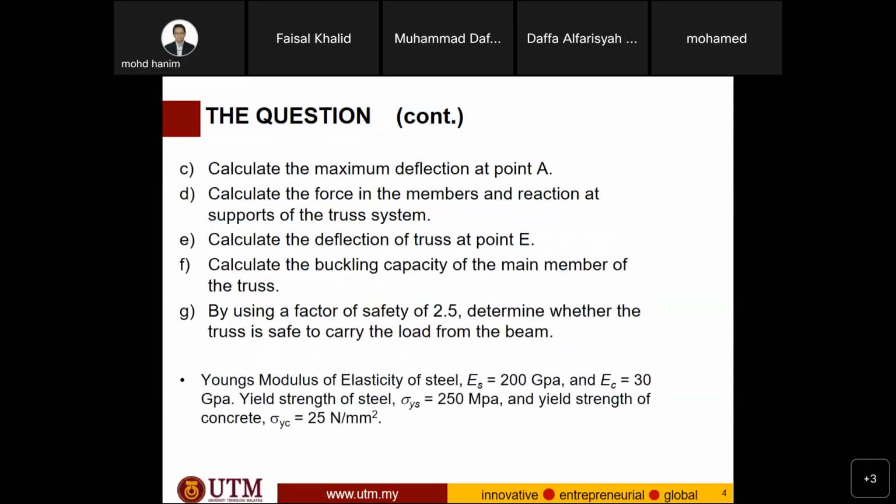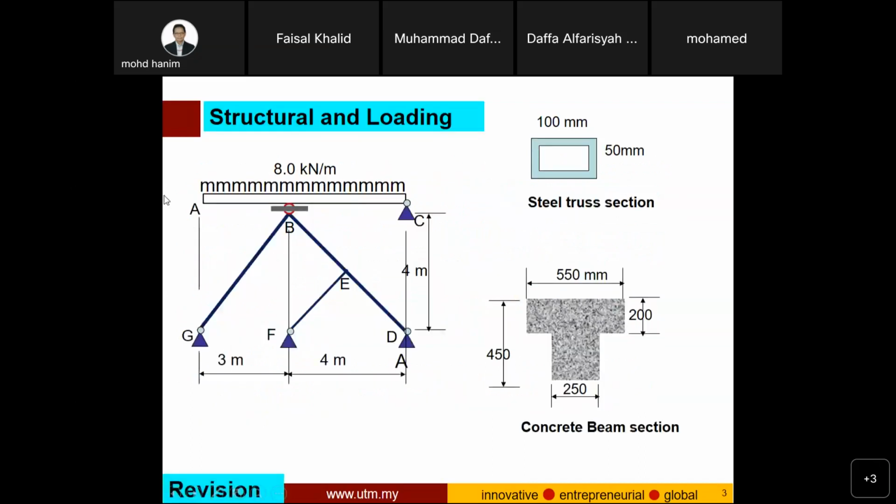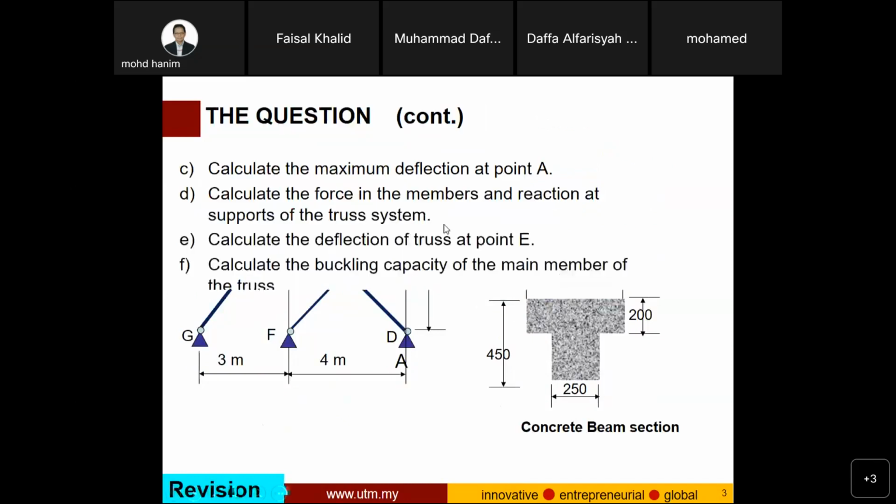And more questions. C: calculate the maximum deflection at point A for the beam. Calculate the force in the members and reaction at support of the truss system. Calculate the deflection of the truss at point E, point A members, and the buckling capacity.